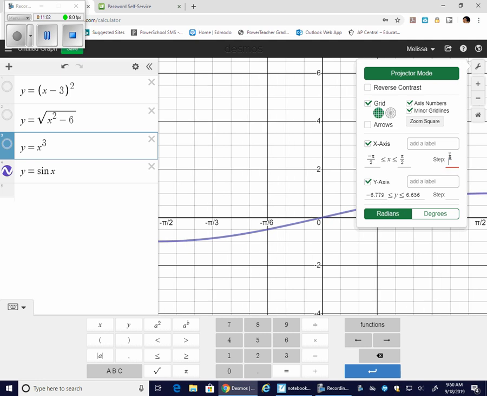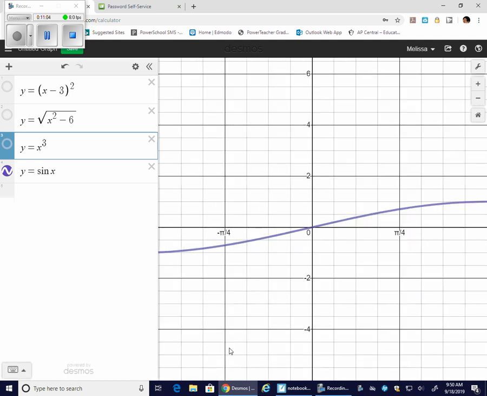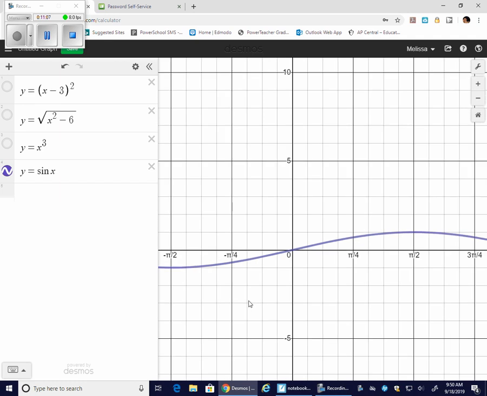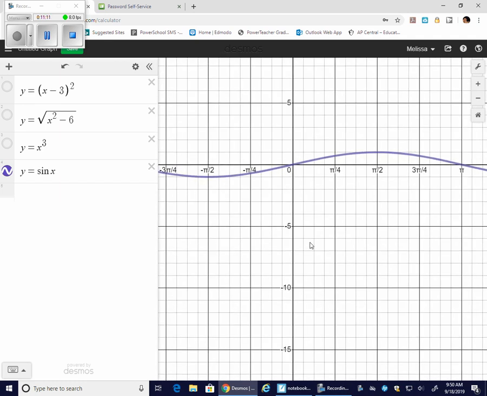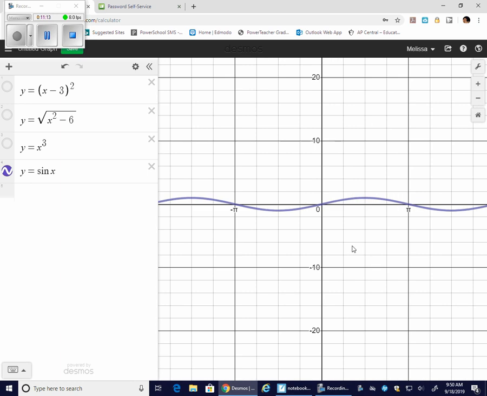I'm going to do a step of pi over 4. And so now my x-axis is labeled in terms of pi. How great is that? Okay, so I can see my entire function in terms of pi. You can play with the axis quite a bit.